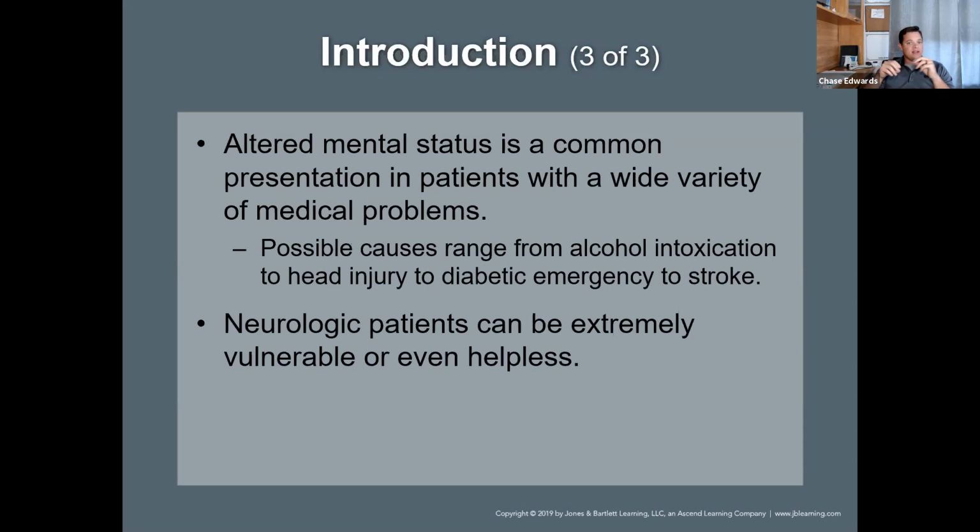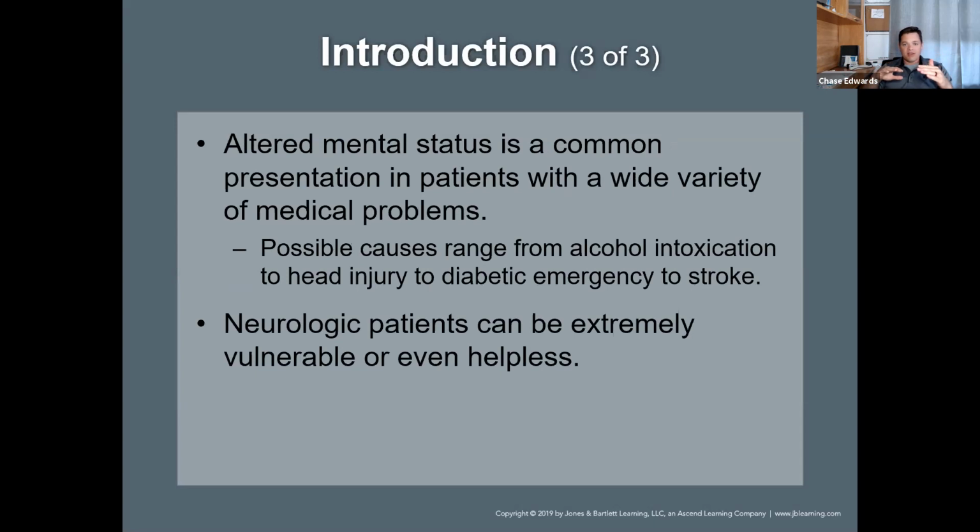Altered mental status is a common presentation in patients with a wide variety of medical problems. Possible causes range from alcohol intoxication to head injury to diabetic emergency to stroke. Treatment varies depending on the underlying cause.